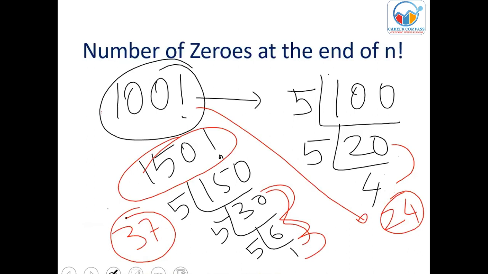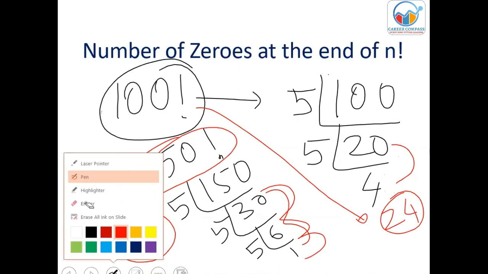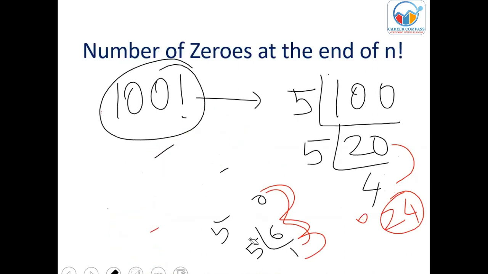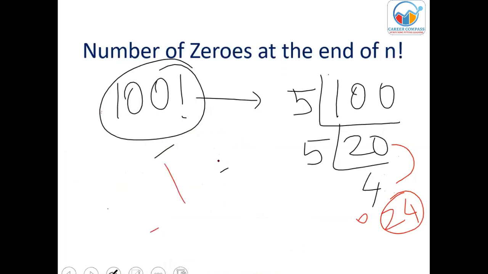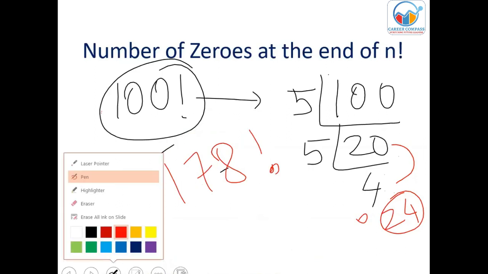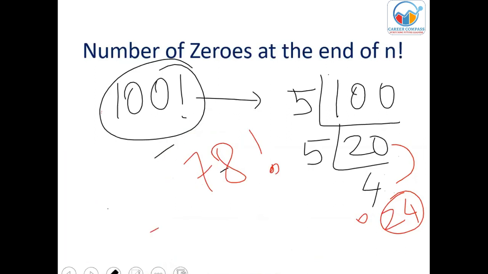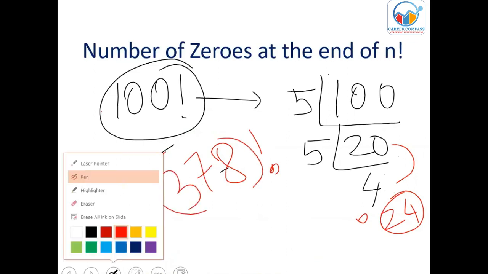So, can you tell me what is the number of zeros at the end of, let's say, 178 factorial, or let me change it to 378. What is the number of zeros at the end of 378 factorial?